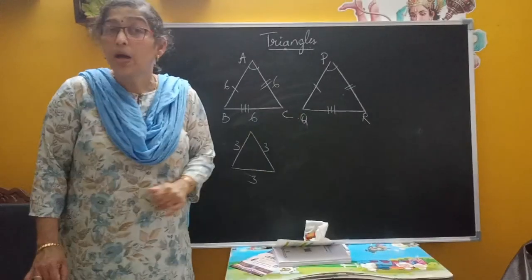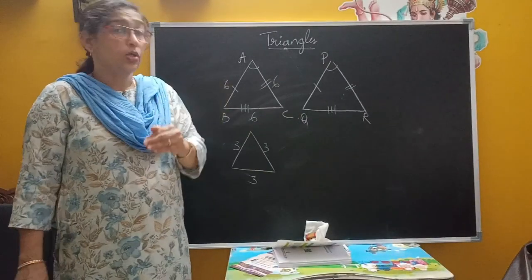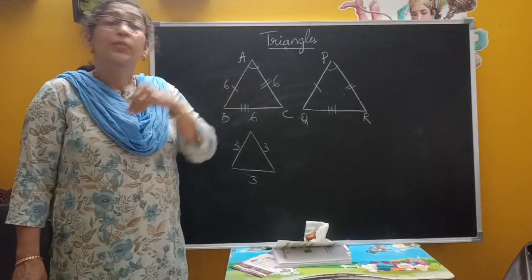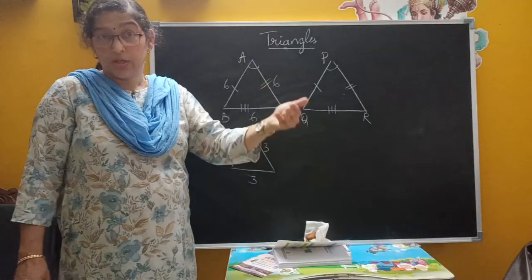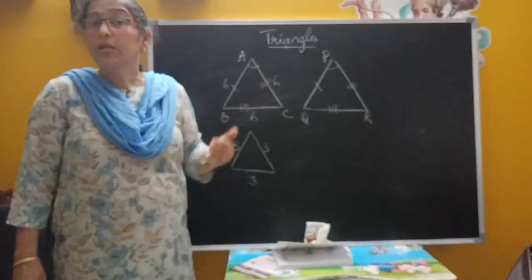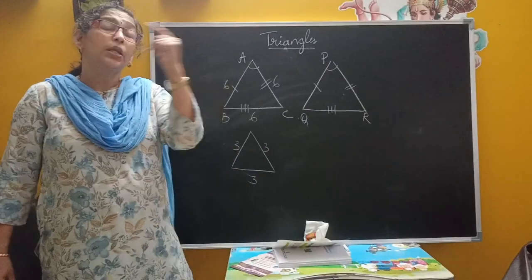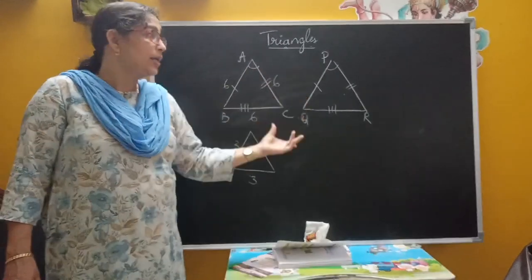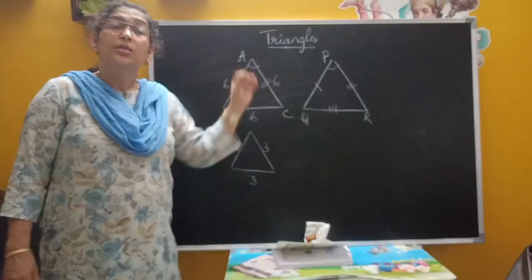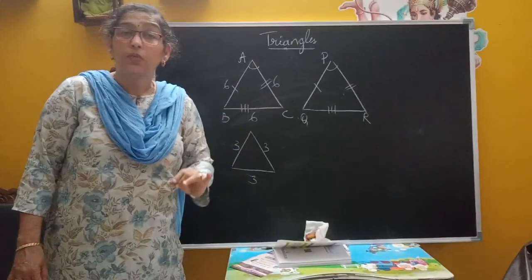Then what do you say by this now? All congruent figures are similar figures, but all similar figures need not be congruent. Yes, because in congruent figures, size and shape both are equal.